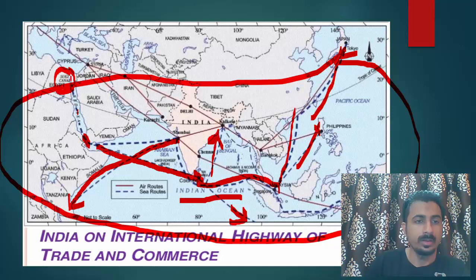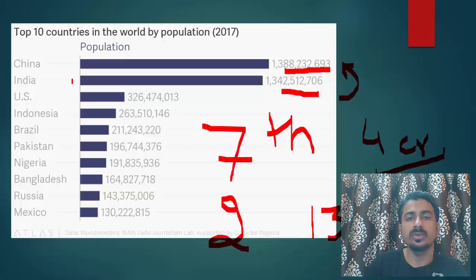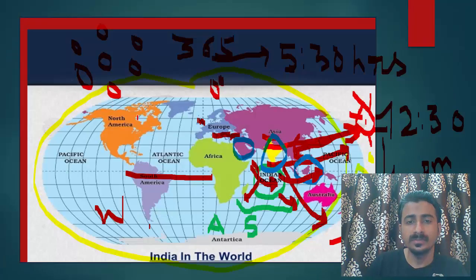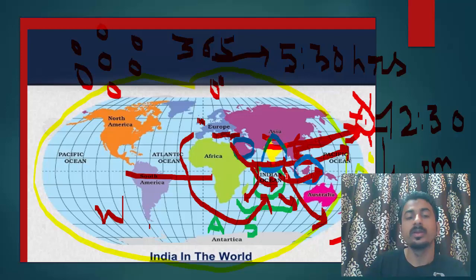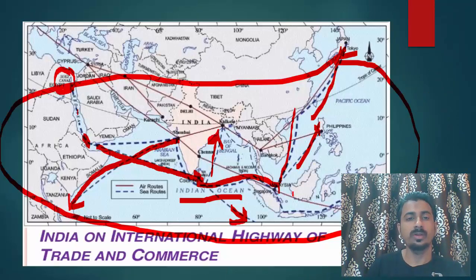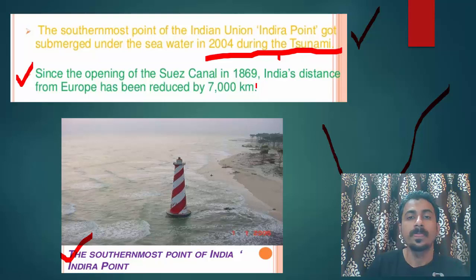So it was dredged, it was broken down to create a way for the Suez Canal. Because earlier, I will show you with a big world map, trade from Europe used to come from this area. Now, after the Suez Canal is made, European trade can move from here to here. So now you understand the importance of the Suez Canal. And it reduced the distance by 7,000 kilometers. This is a big number.